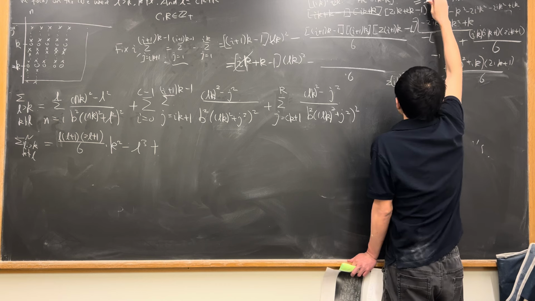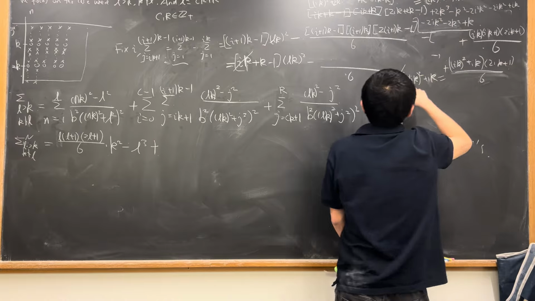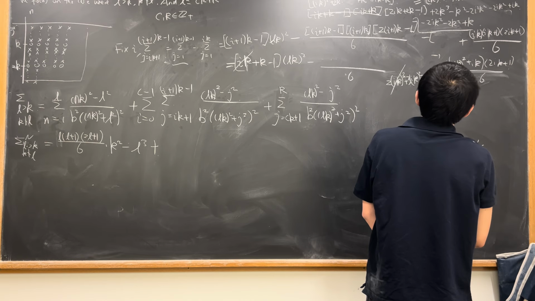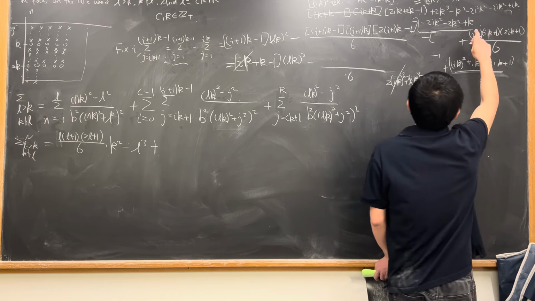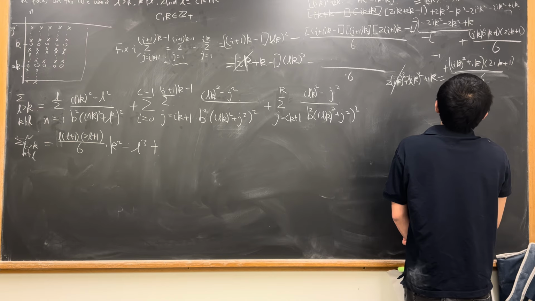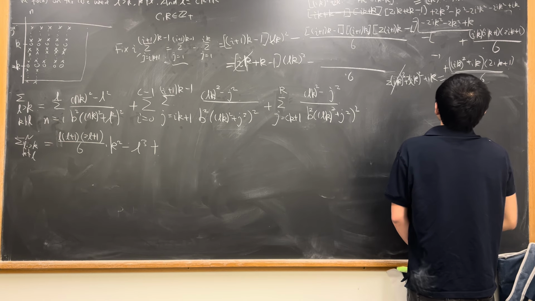So this 3 becomes 1. And then ik squared. Do I have the ik squared? So here, this is 1 i squared k squared, right? Is there another one? I don't think there's another i squared k squared.